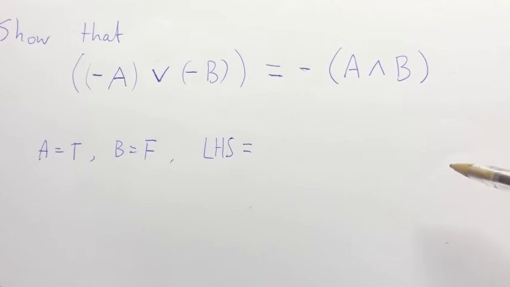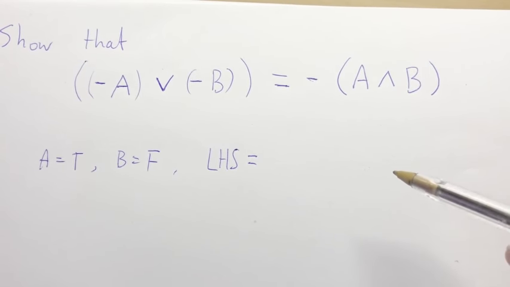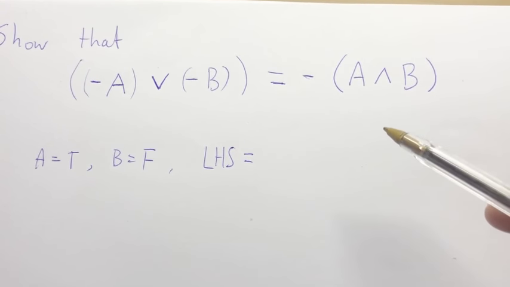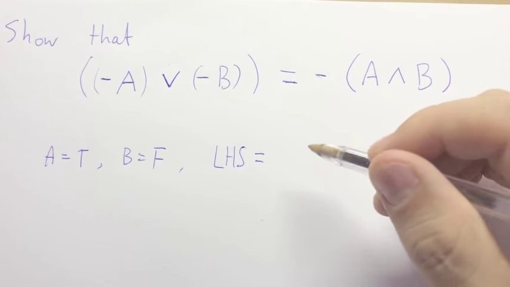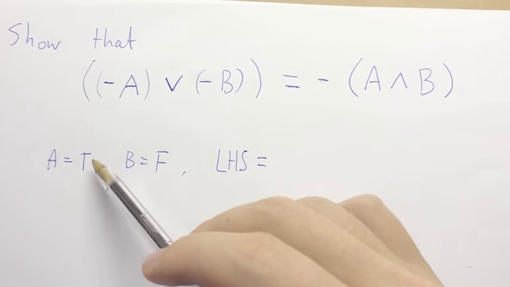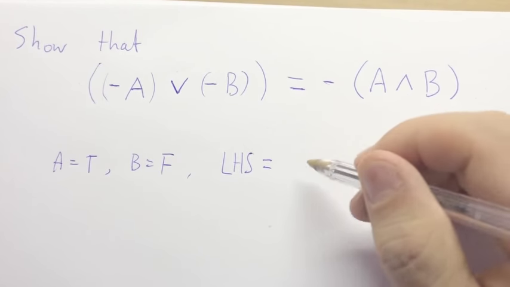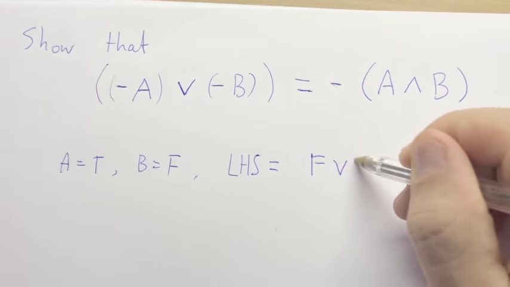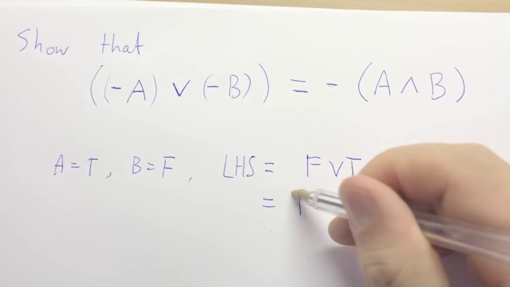okay, then the left hand side, if you remember what the negation does, it takes true to false and false to true. So left hand side is equal to the negation of true or the negation of false, so is equal to false or true, which is true.